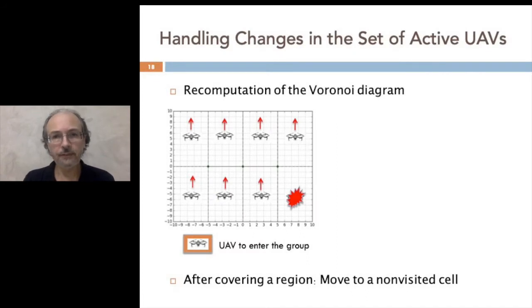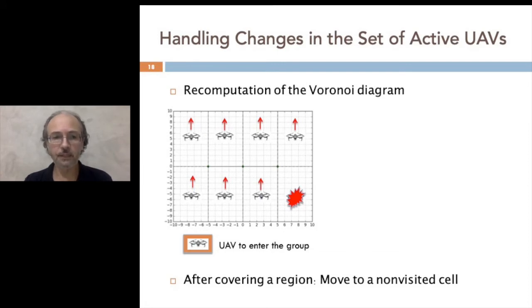So how do you address changes in the set of active UAVs? We simply recompute the Voronoi diagrams in the event of UAVs leaving the set, UAVs entering the set, or when a certain UAV has covered its whole region.